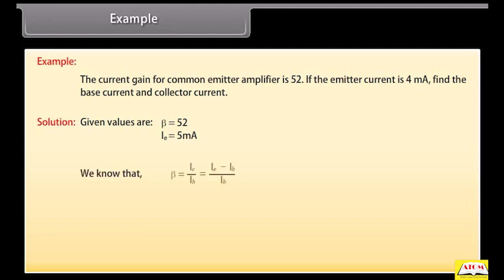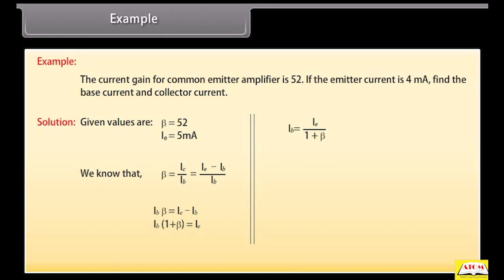We know that beta is equal to IC upon IB, which is equal to IE minus IB upon IB. On simplifying the expression we get IB is equal to IE upon 1 plus beta. Now putting the values in the expression and calculating, we get IB is equal to 0.08 milliampere.